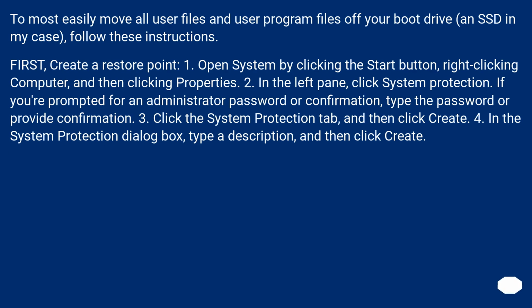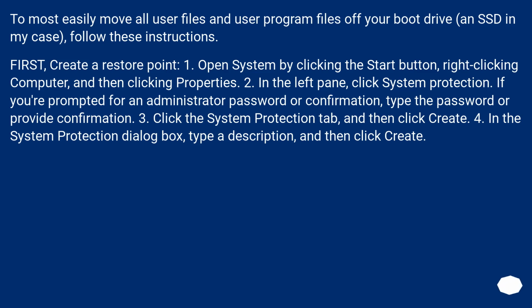To most easily move all user files and user program files off your boot drive, an SSD in my case, follow these instructions. First, create a restore point. 1. Open System by clicking the Start button, right-clicking Computer, and then clicking Properties. 2.